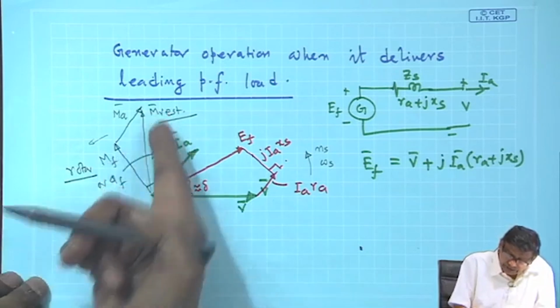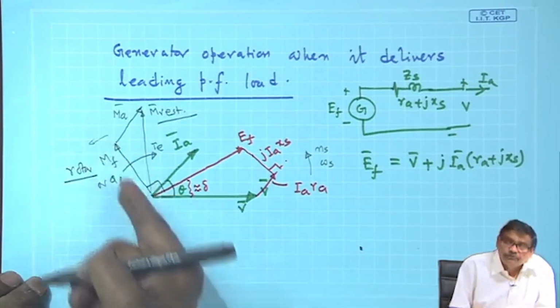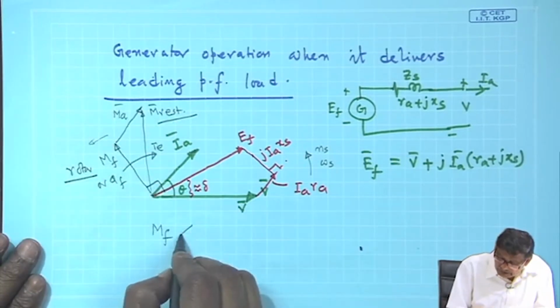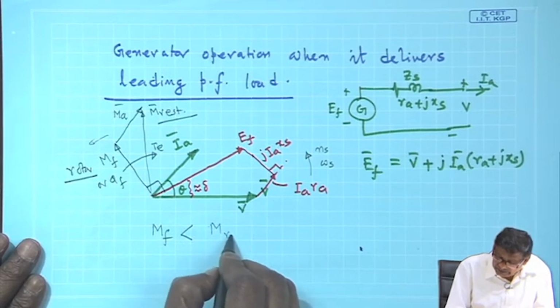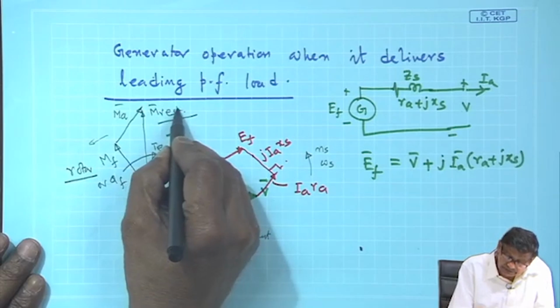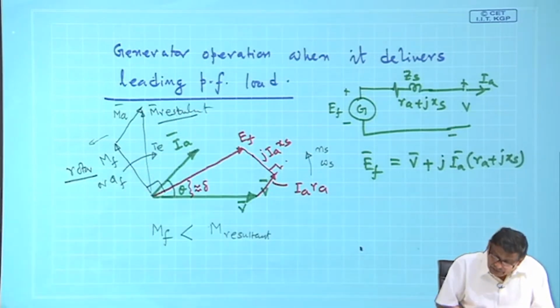But in this case, you note one thing: this MF depends upon field current excitation. The length of MF will be less than M resultant, that is this one, resultant. And then what should I call?